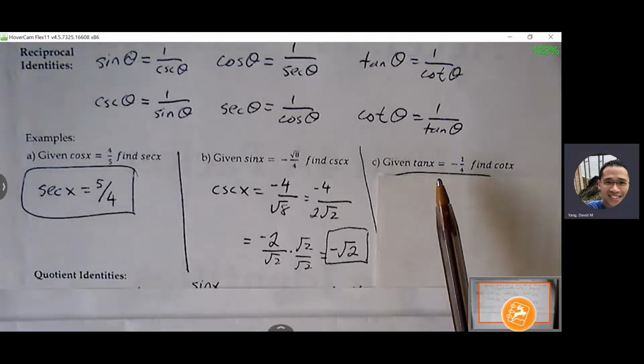Okay, tangent of x equals -1/4, therefore cotangent must be -4.